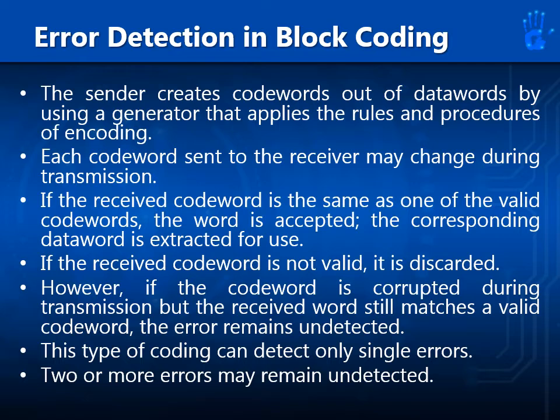If the received code word is not valid, it is discarded. However, if the code word is corrupted during a transmission, but the received word still matches a valid code word, the error remains undetected. This type of coding can detect only single errors. Two or more errors may remain undetected.